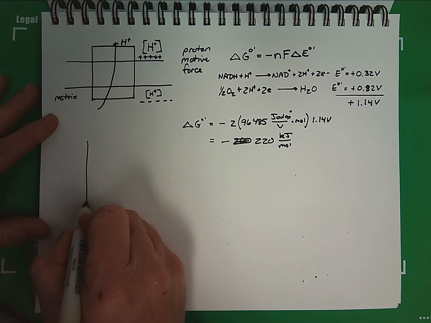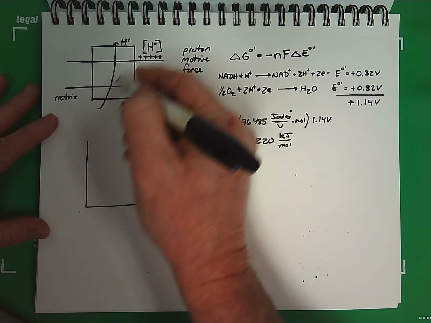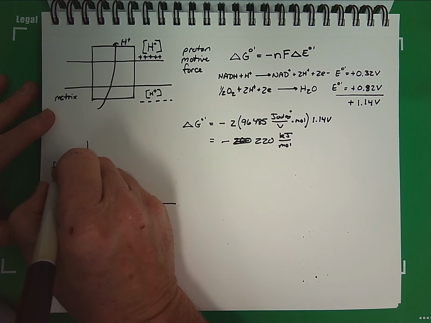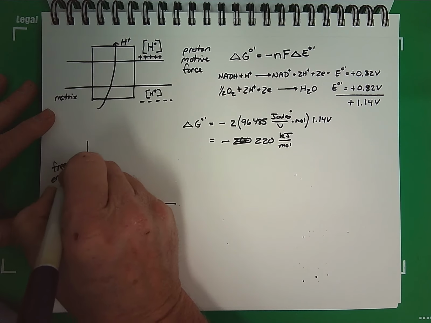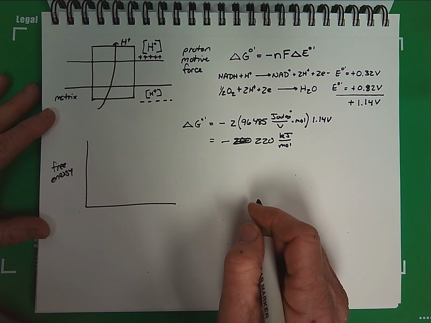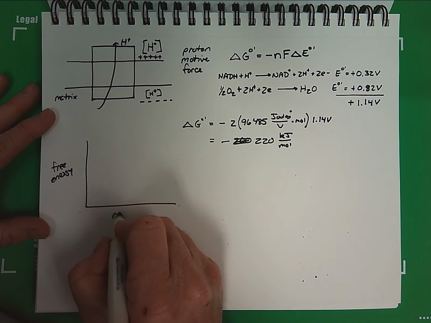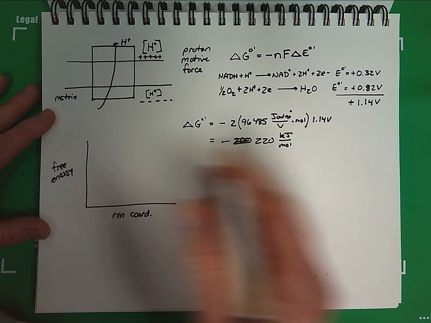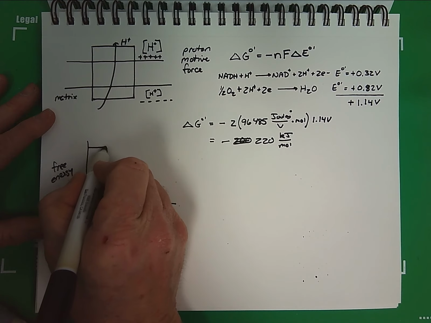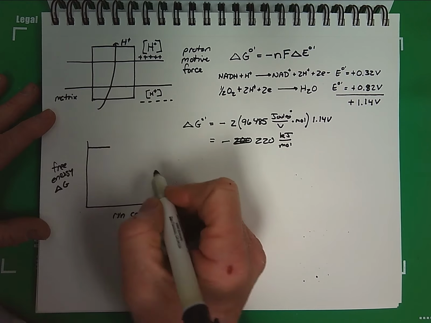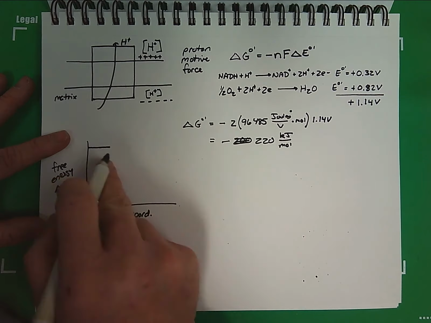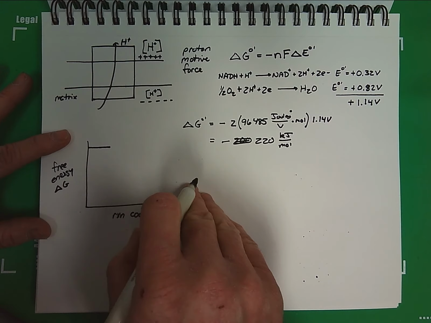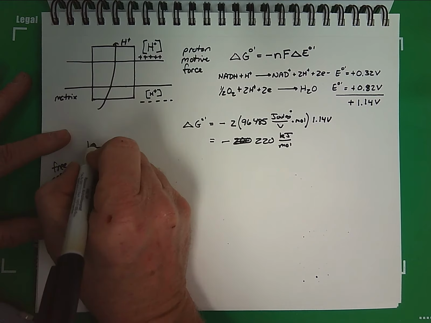Another way to look at that in its relationship to the pumping of protons is if we look at free energy on our y-axis, and on our x-axis we look at our reaction coordinates like we have seen before. Now we're measuring delta G, recall, free energy changes. We are having successive changes in free energy down the electron transport chain that are all negative.